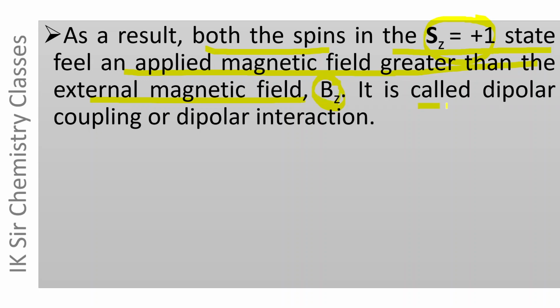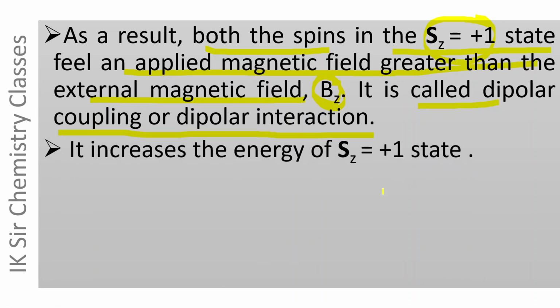It is called dipolar coupling or dipolar interaction. It increases the energy of the Sz equals plus 1 state. We have already seen that the energy of an Sz state increases with increase in the strength of the applied magnetic field, and since both the electrons of this state experience a greater magnetic field, the energy of this state increases.